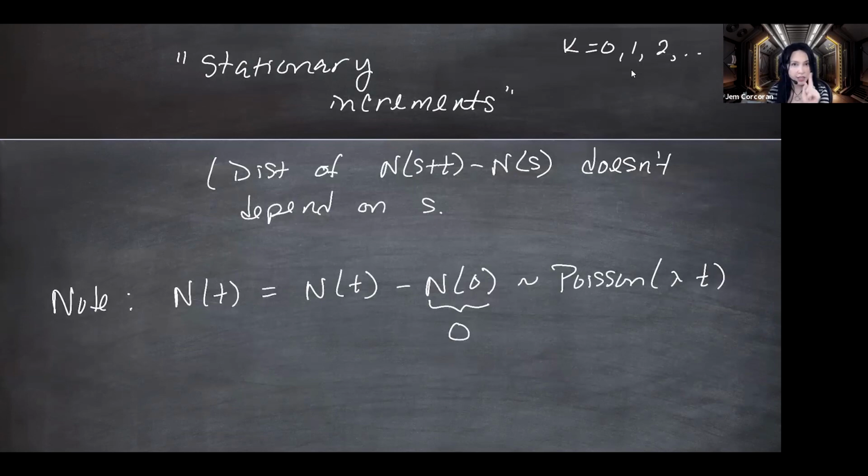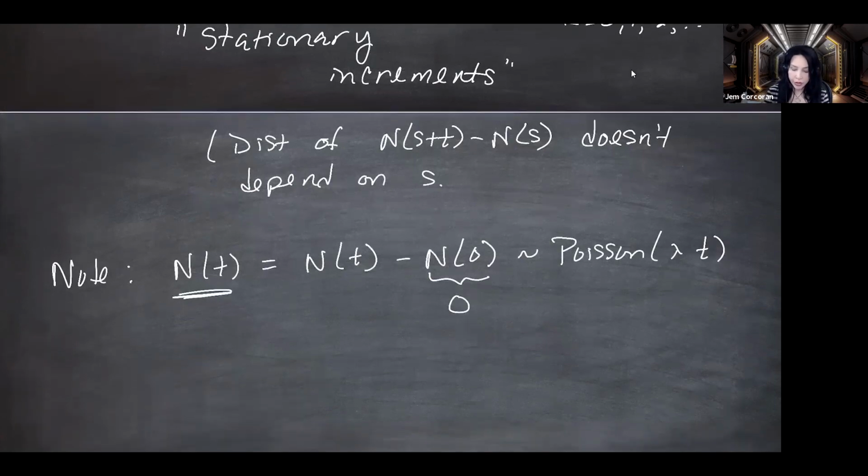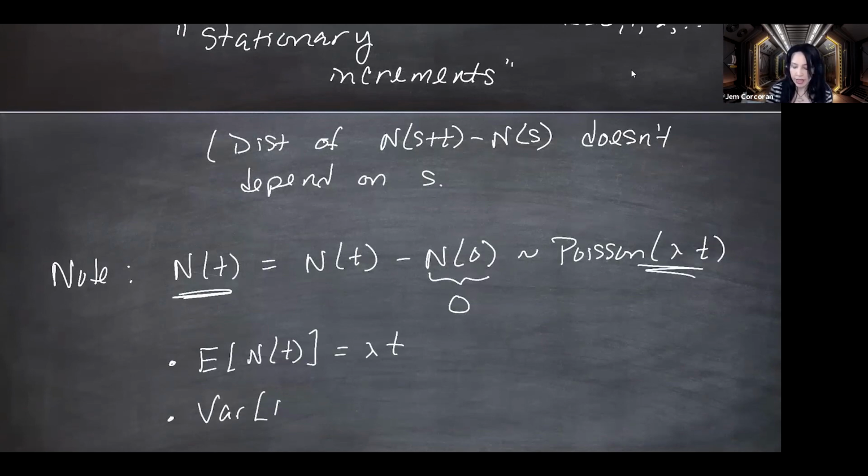So once you fix time, the number of arrivals is a random variable, and it has a Poisson distribution, and we know a couple of things. We know the expected value of N(t) is lambda t, because that's the mean of this Poisson distribution. And we know the variance of N(t) is lambda t, because the Poisson distribution is just nice like that. The variance and the mean are the same.